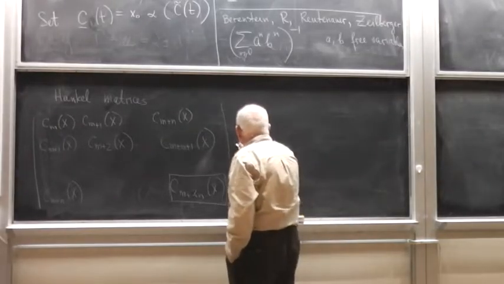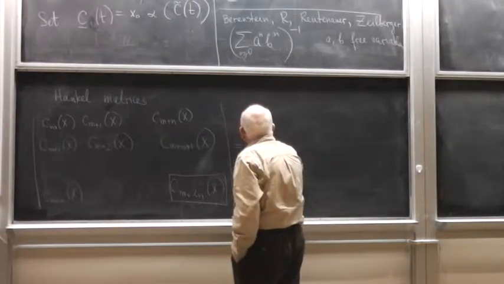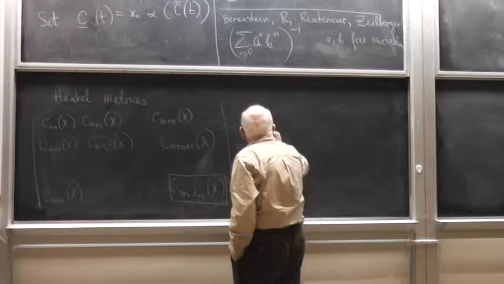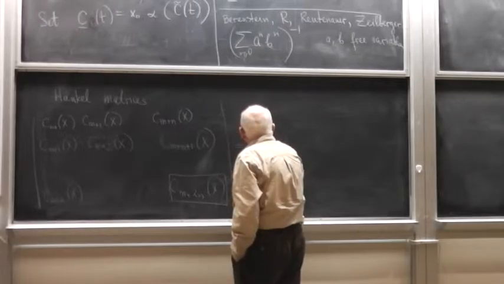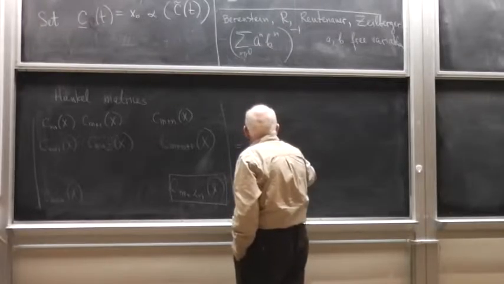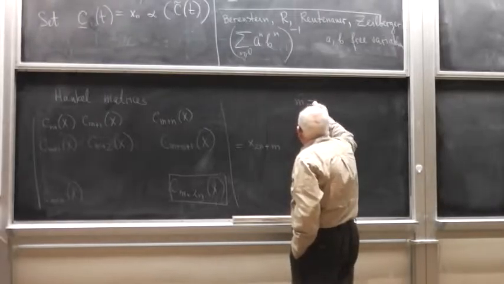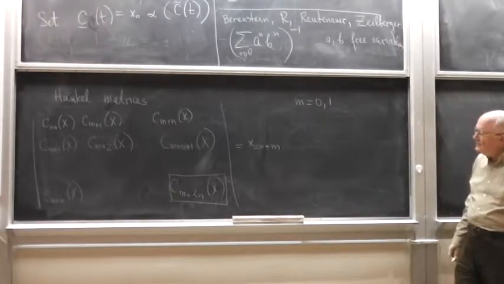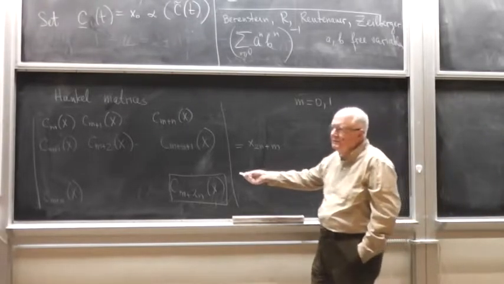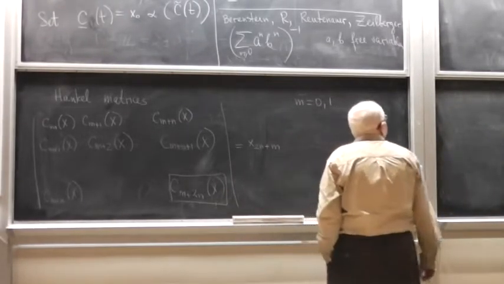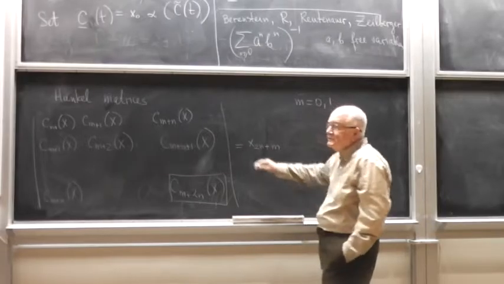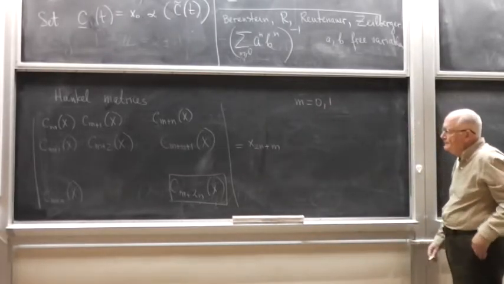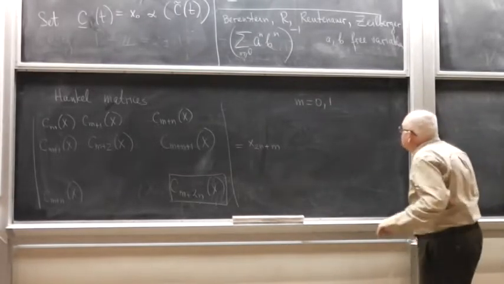The answer is x to n plus m, and here m is 0 and 1. This is just the exact generalization of the standard properties.